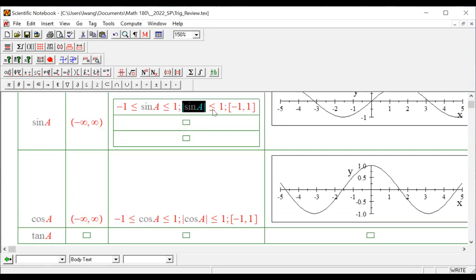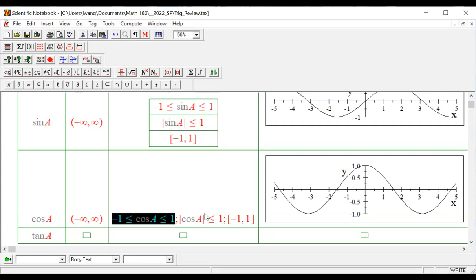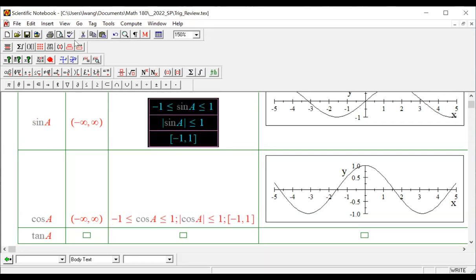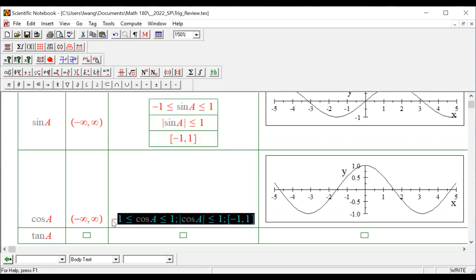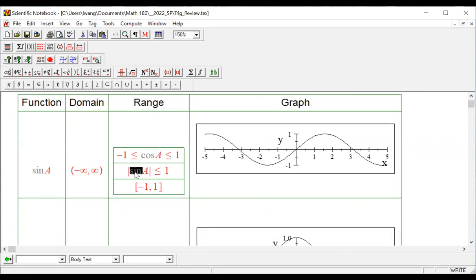Yep, this will be better. Okay, so these are the 3 forms. And for cosine, there are also these 3 forms. So this is cosine. This will look more compact.